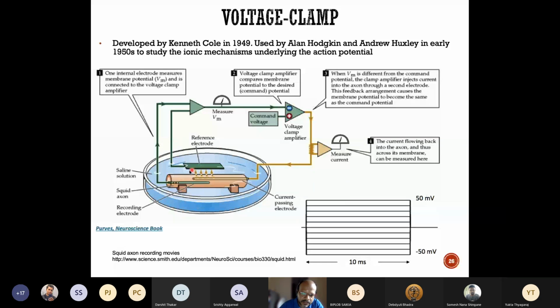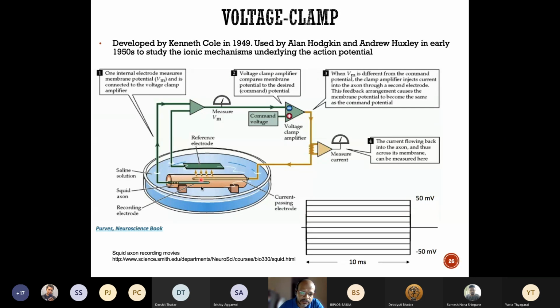So it's actually very elegant. You take an axon from this squid, which happens to have a very, very large axon, almost a millimeter thick. So you can actually put two electrodes inside the axon. You put two electrodes. I measure the voltage across the membrane.